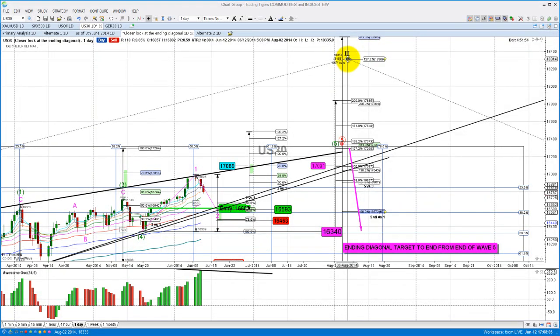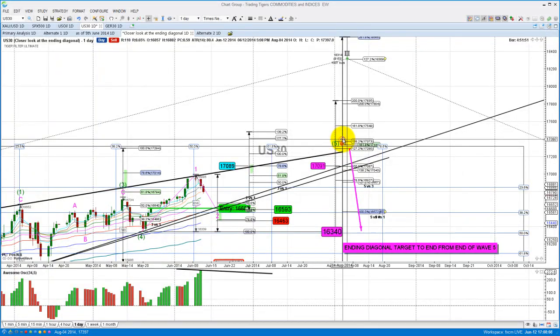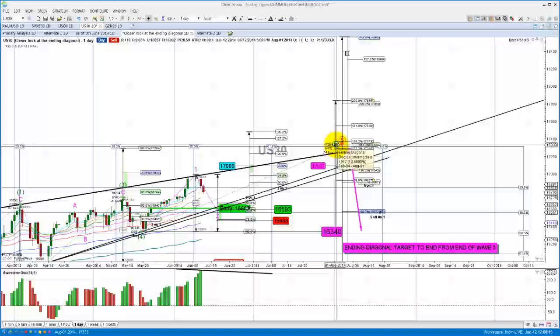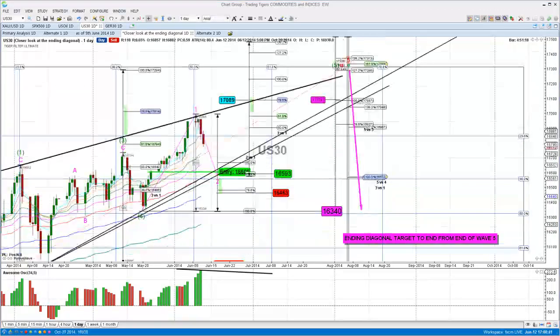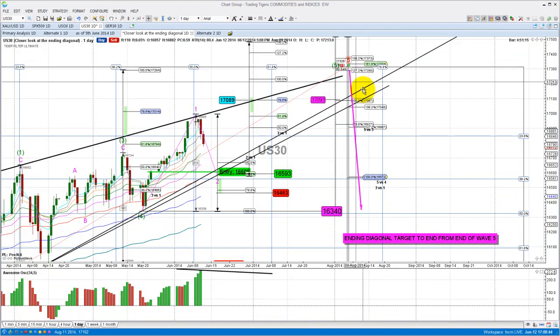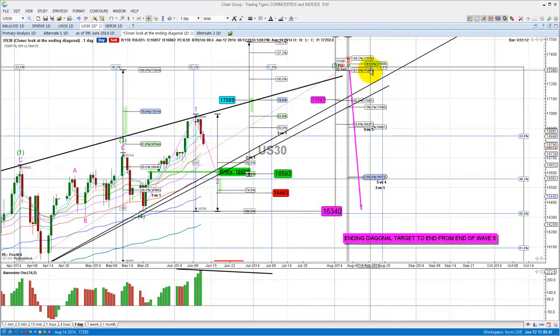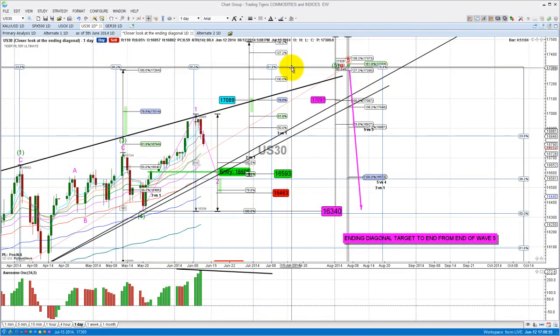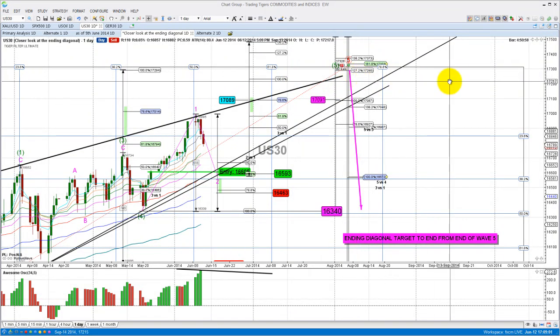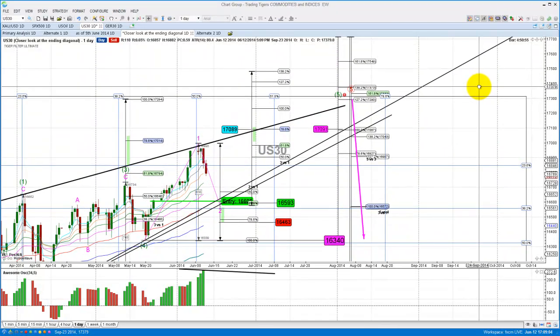But at the same time, we've got the ending of the primary degree at this area, and you've got the primary wave 5 finishing, the 161.8 level is at that point, and its subordinate intermediate wave 5 also finishes at this level, which is the 127.2 level. So there's a lot of things happening around that area.